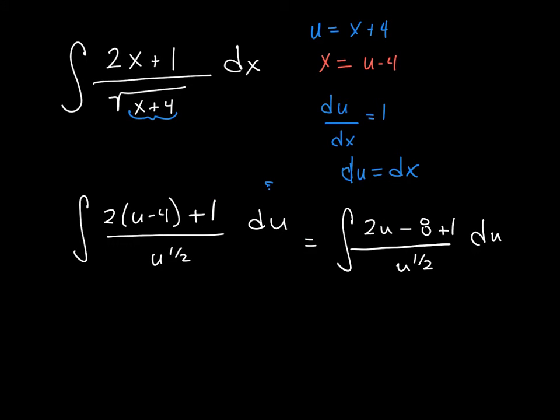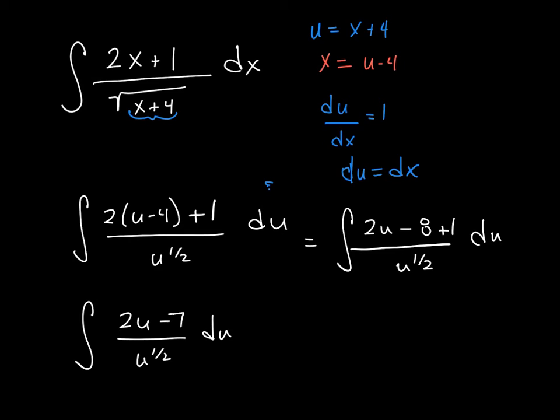So again, I just went ahead and substituted in for u and x, and then I multiplied out the numerator. Now everything is in terms of u. Unfortunately, that's not where we have to leave it, because this is 2u minus 7 all over u to the 1/2.